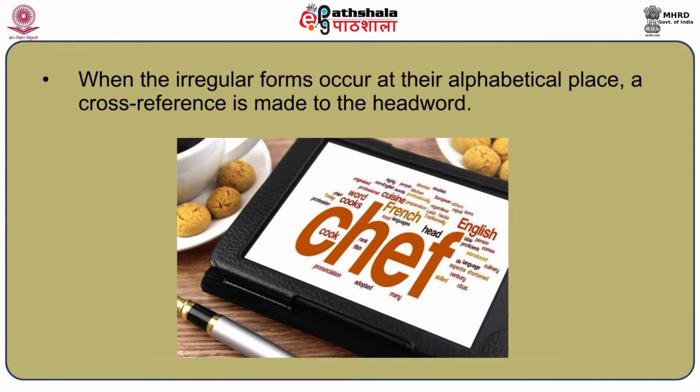The irregular forms are included in the dictionary to show their relation to the canonical forms. Generally, such forms are treated in the following way in the dictionary. The canonical form is given the status of a headword, and the irregular forms are given along with it in the entry. When the irregular forms occur at their alphabetical place, a cross-reference is made to the headword.